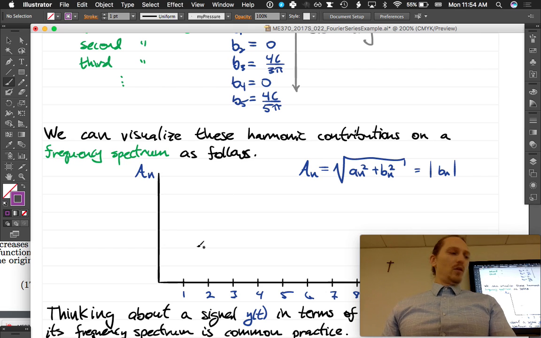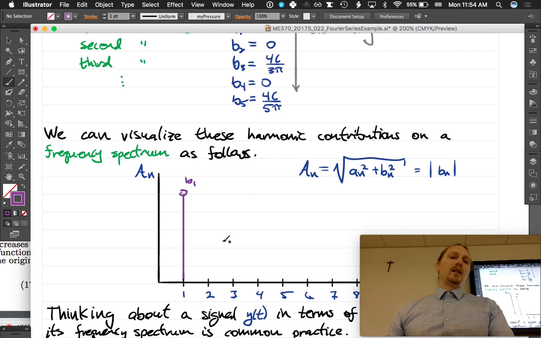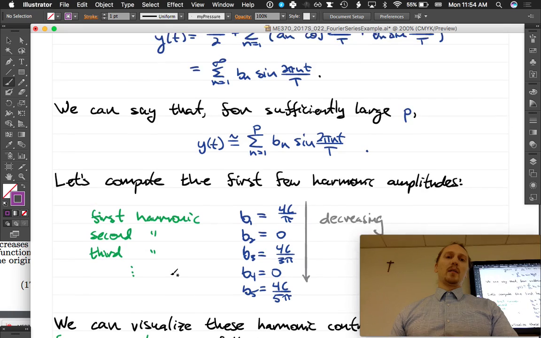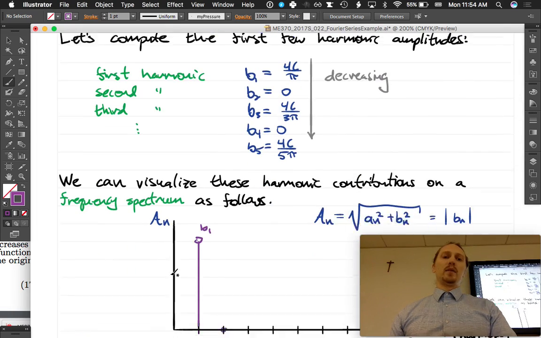So what is our b1? It comes out to be, so I'll just write b1 here, 4c over pi. And then b2 is 0. Oh, what was our a0? It was 0, right? We computed it.